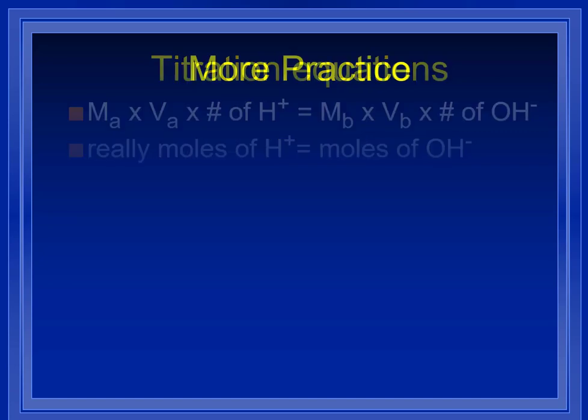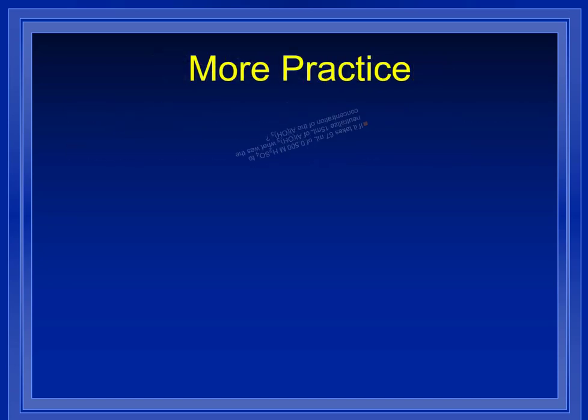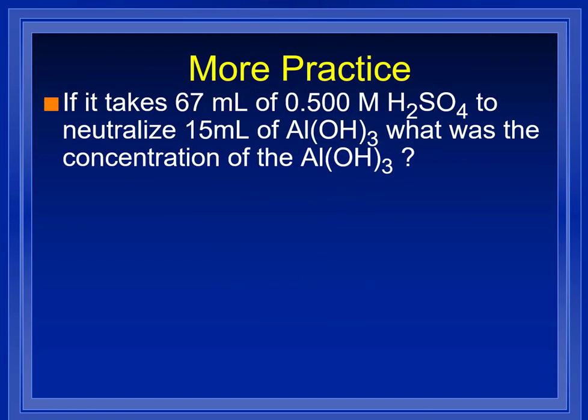So let's see how it changes our problems. Take 67 milliliters of 0.5 molar sulfuric acid to neutralize 15 milliliters of aluminum hydroxide. What was the concentration of the aluminum hydroxide?